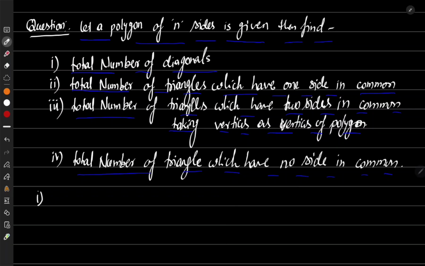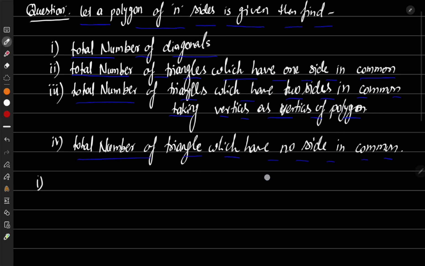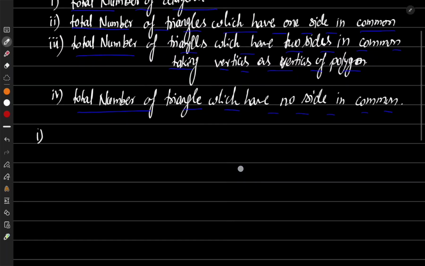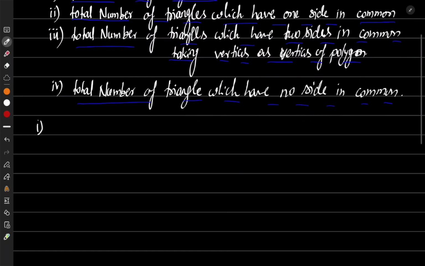The first part says total number of diagonals. How will it look? First of all, the polygon: let's say starting from here, then here, then here, then here, and then here.